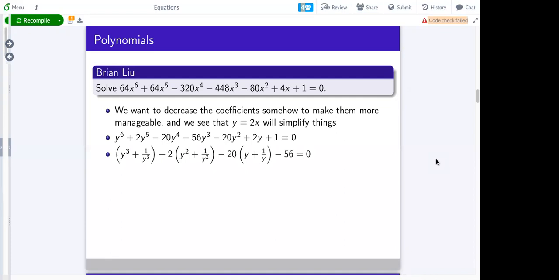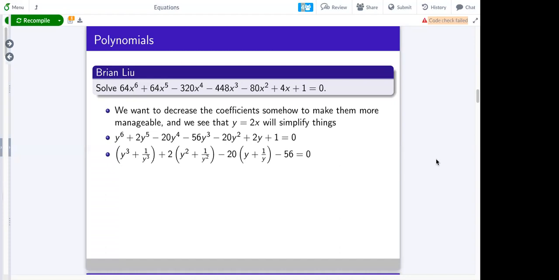Now, how would we go about solving this? It's still the same equation, but we want to manipulate it so that it's easier to deal with, because it's still a 6th degree polynomial. But we do have that symmetry.